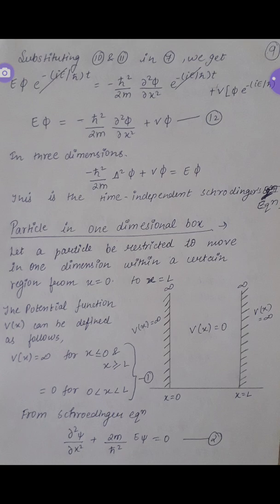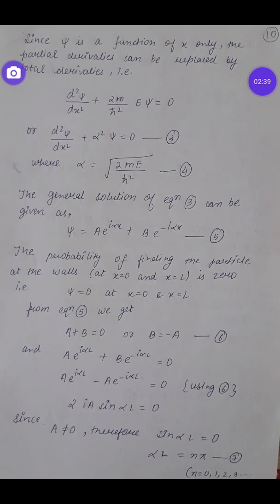Now we know that from the Schrodinger equation, del square psi upon delta x square plus 2m upon h cross square E psi is equal to 0. Since psi is a function of x only, the partial derivatives can be replaced by total derivatives, that is d square psi upon dx square plus 2m upon h cross square E psi is equal to 0.